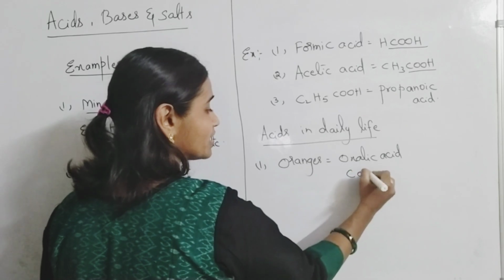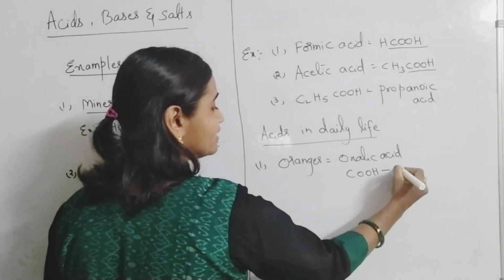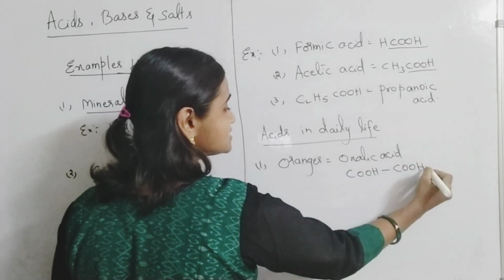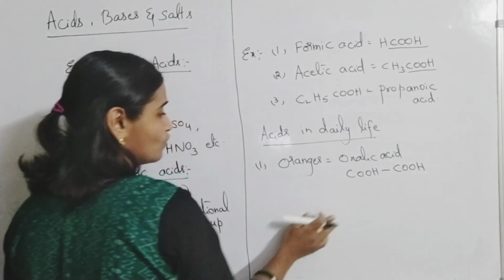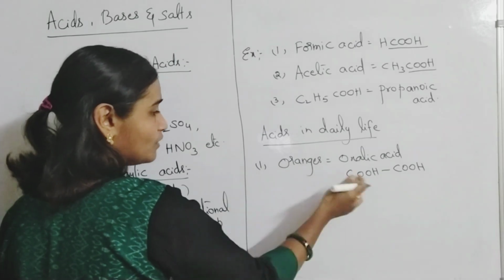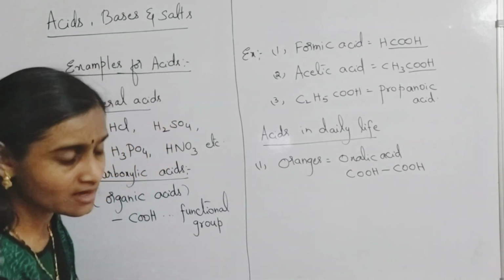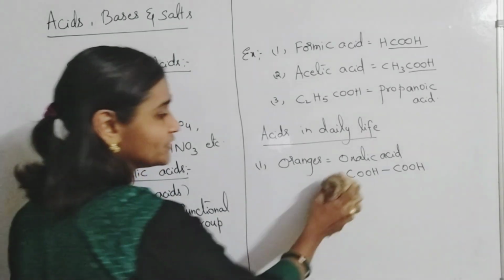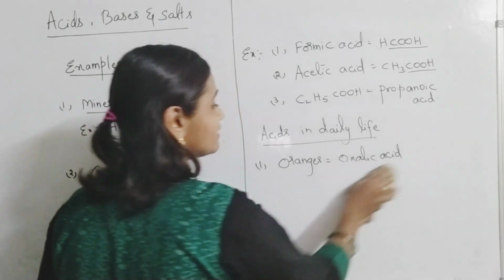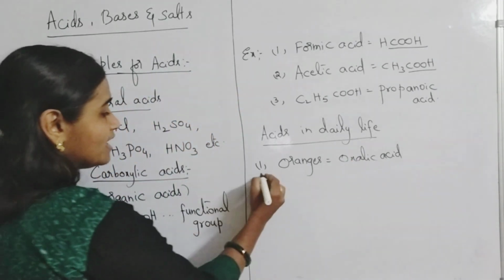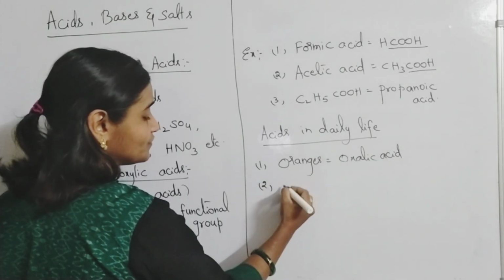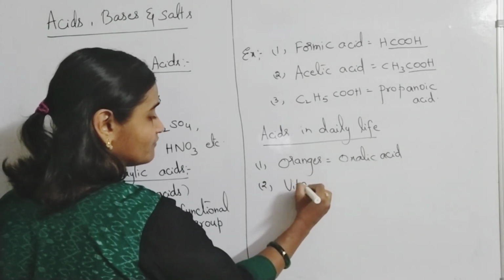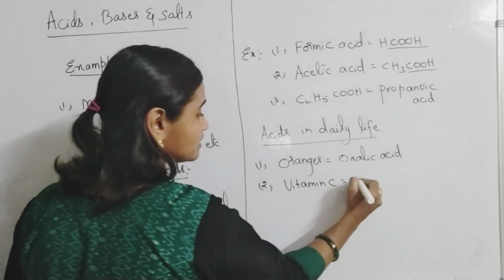This is also an organic acid, called a dioic acid, COOH-COOH or H2C2O4, which is the formula for oxalic acid. Of course, here they may not ask you for the formulas. Oxalic acid is present in oranges.